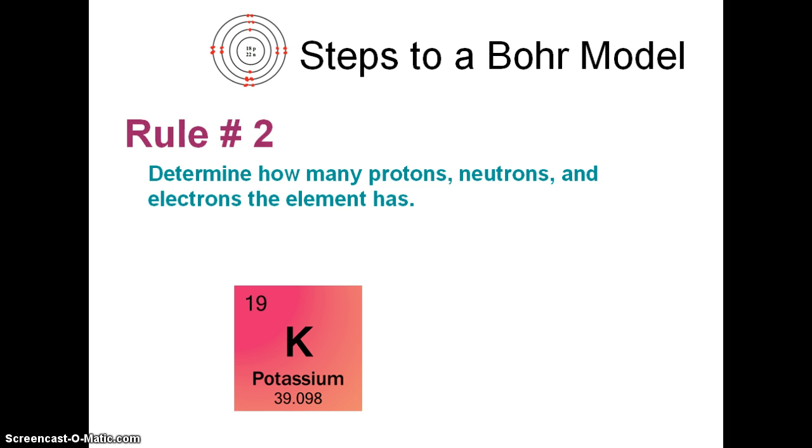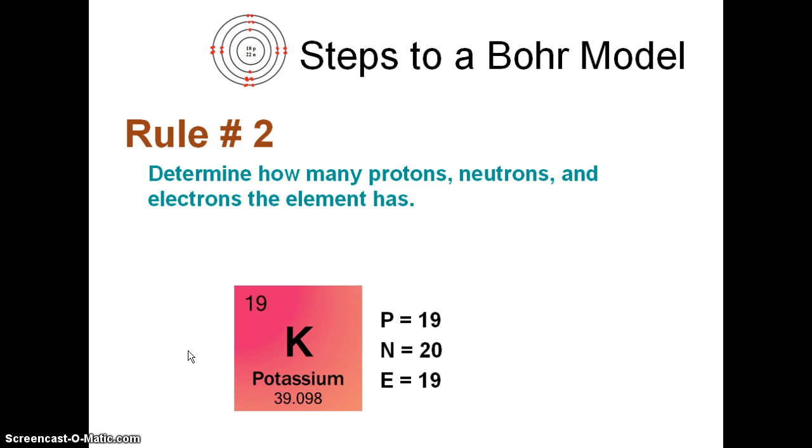Rule number two, copy this one down. Rule number two, determine how many protons, neutrons, and electrons the element has. So remember, we picked potassium, and potassium looks like this on the periodic table. And you should remember, the atomic number tells us protons, atomic mass helps us find neutrons.